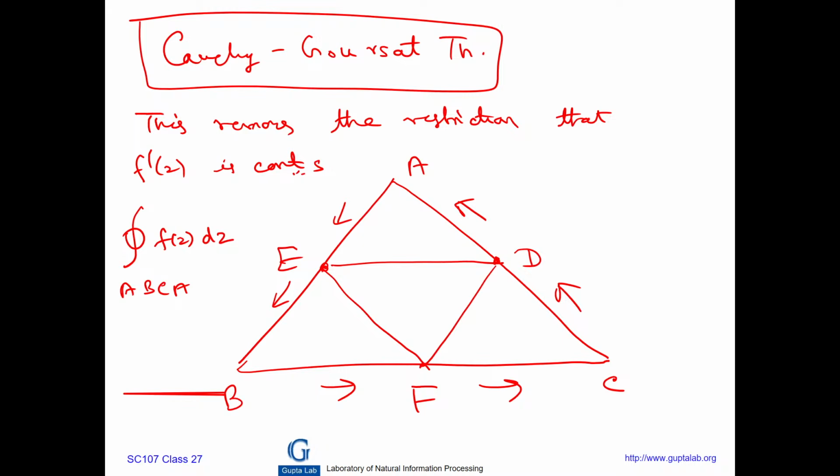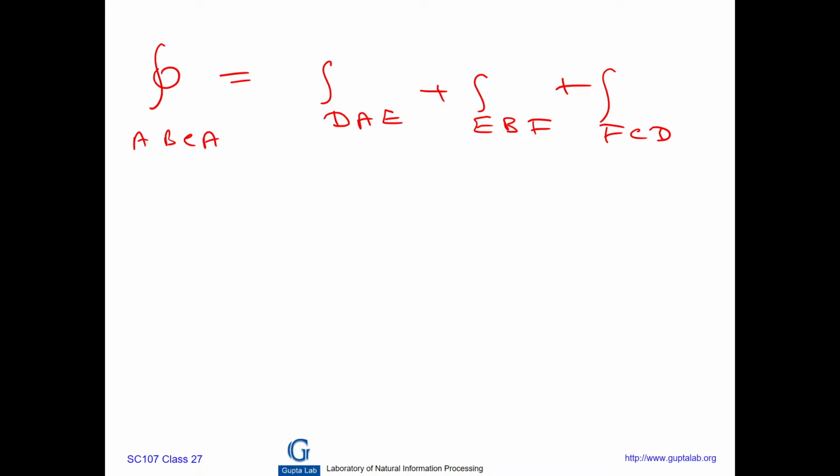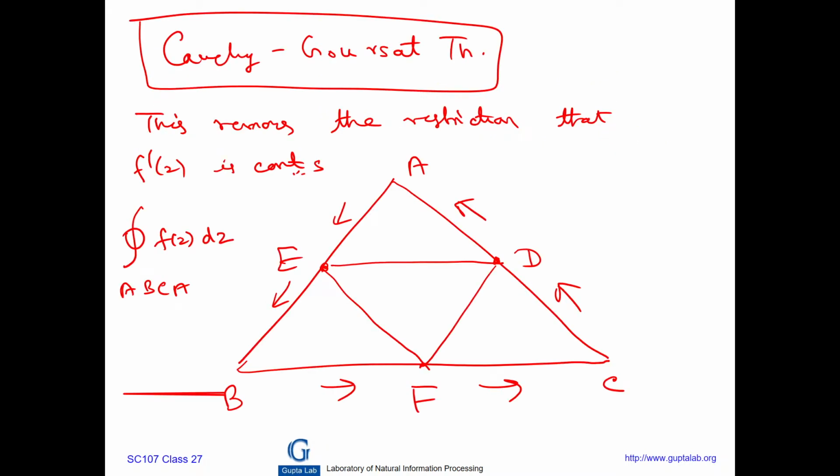So basically what I am going to do here is integration along A, B, C, A. I will not write f z d z now because it is already there, no need to write it again and again, right? So this will be integration along D A E plus E B F plus F C D. Can you see that? So basically A B C A was DAE, this portion, plus EBF, this portion, plus FCD, this portion, right? We divided the whole path into 3 portions.